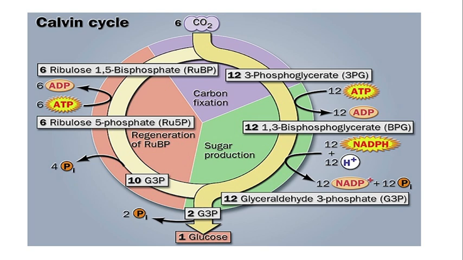In the bundle sheath, the CO2 is accepted by ribulose bisphosphate and it undergoes carbon fixation, that is carboxylation. The first stage of the Calvin cycle is carbon fixation, and it will be converted into 3-phosphoglycerate.